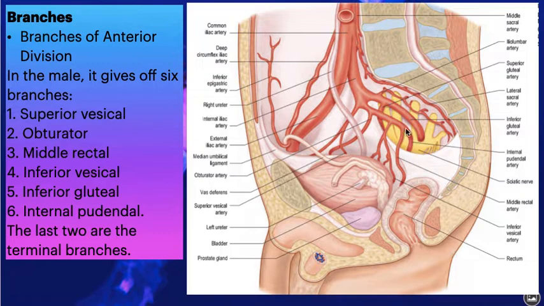The inferior gluteal artery and the internal pudendal arteries are the terminal branches of the anterior division of the internal iliac artery.